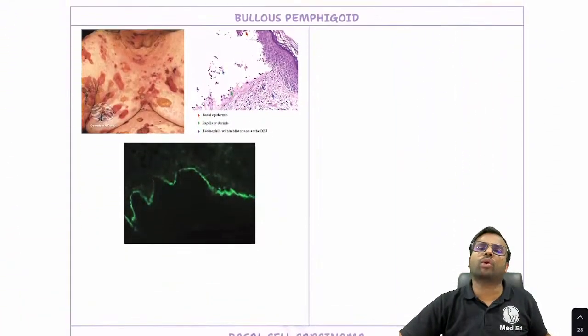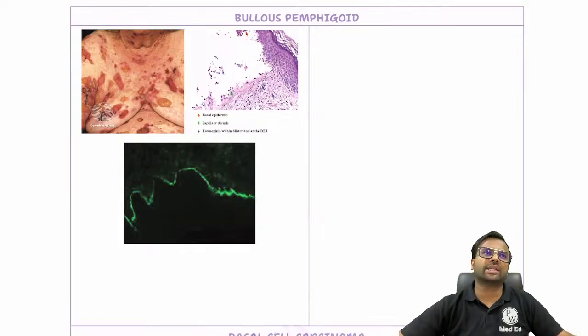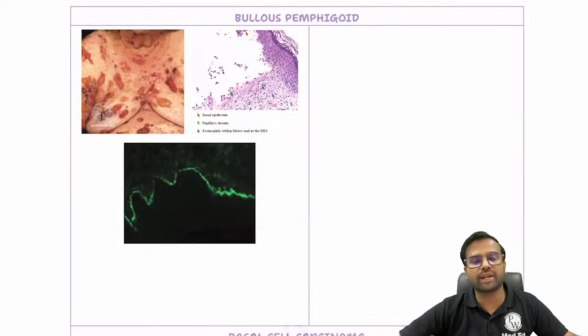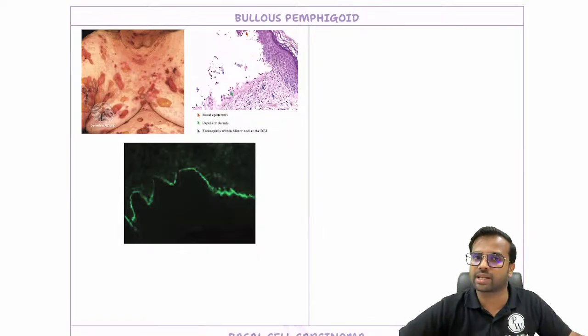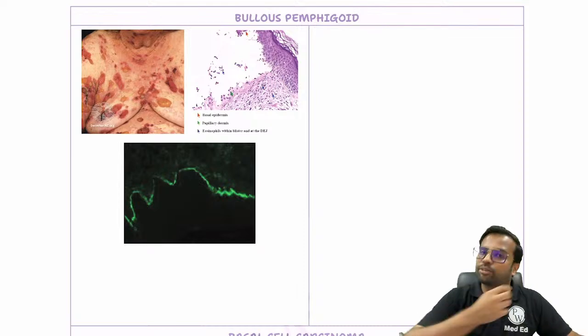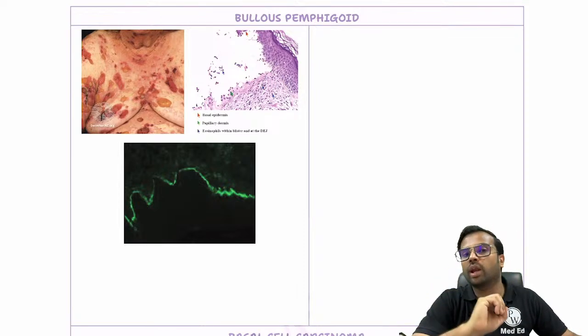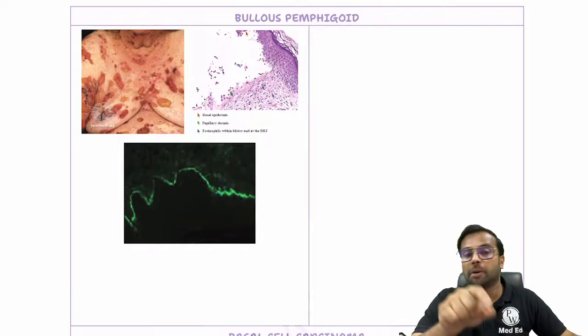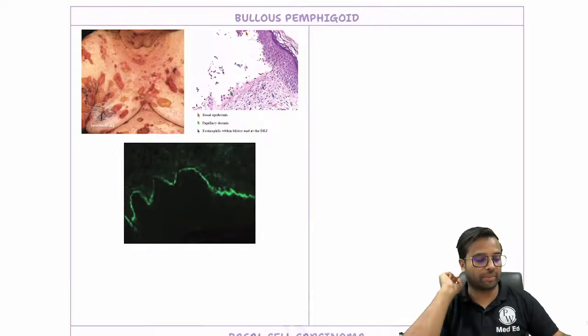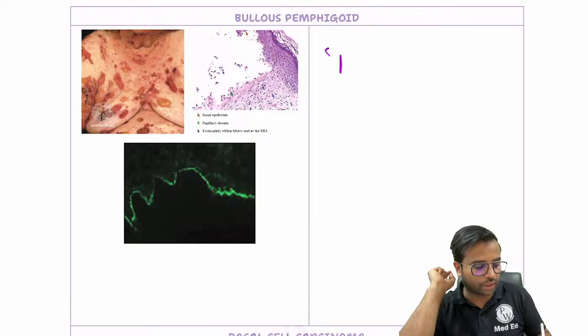Now what happens in bullous pemphigoid? We have just discussed pemphigus vulgaris, then pemphigus foliaceus. Pemphigus vulgaris and foliaceus both have an easily breakable bulla, that is a flaccid bulla. But in bullous pemphigoid, what is the type of bulla that you can see?